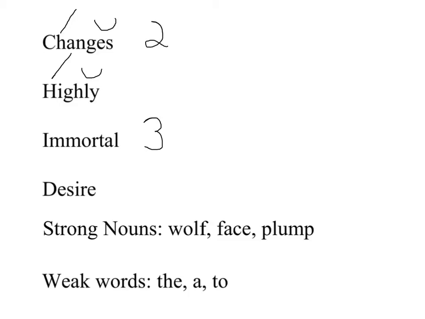Which part of the word do we stress? Immortal, immortal, or immortal? So the part of the word that we would stress would be the mort part, immortal. So we would designate this immortal.